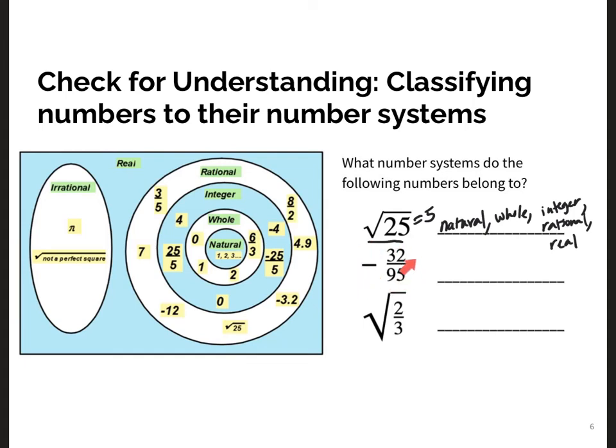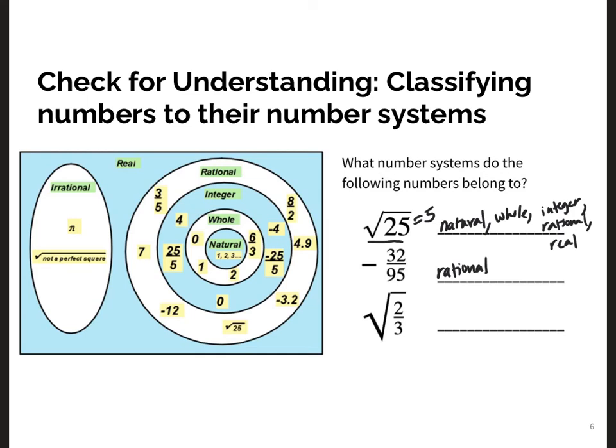When I look at this number, I notice that it's in fraction form. It's a ratio of two integers. Because it's a ratio of integers, or a fraction, I know that this is automatically going to be a rational number, because if I think back to my definition of a rational number, it's any number that can be written as a fraction. So I know that this is definitely going to be a rational number.